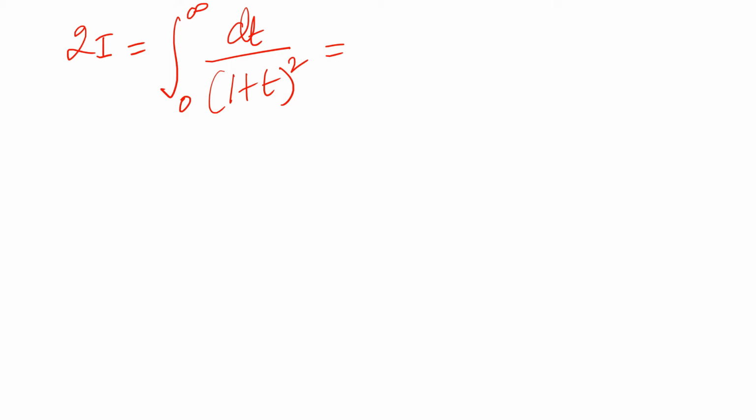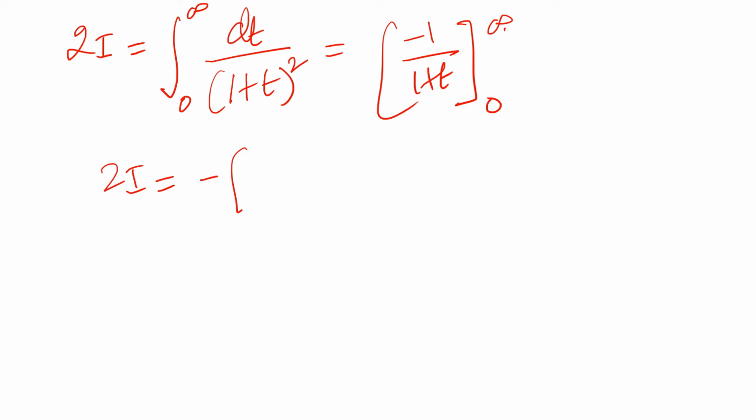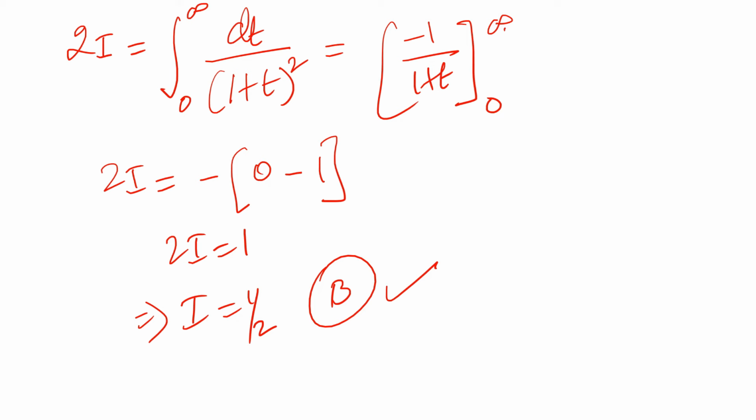So the integral is nothing but minus 1 upon 1 plus t under the limits 0 to infinity. Now this becomes 2I equal to, I am taking out minus sign, 1 upon infinity, which is 0, minus 1 upon 1. So this is just 1. So 2I becomes 1, or I becomes half. Now option B is the correct one.